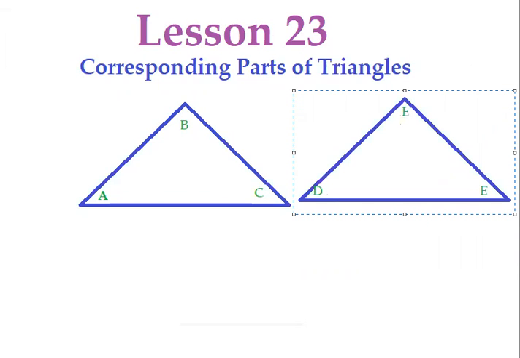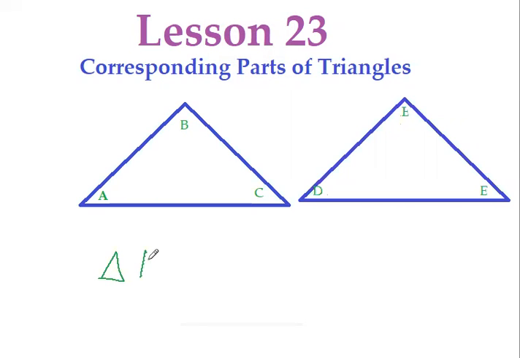So here I flipped it over, and yes, the F is now upside down, but I can see now that A, B, and C are going to relate to D, F, E, not D, E, F. So when I write that these triangles are congruent, I'm going to write that triangle ABC is congruent to triangle DFE because I'm writing them in the same order.